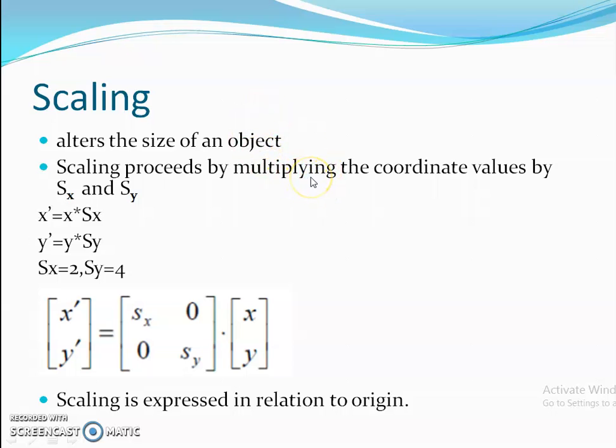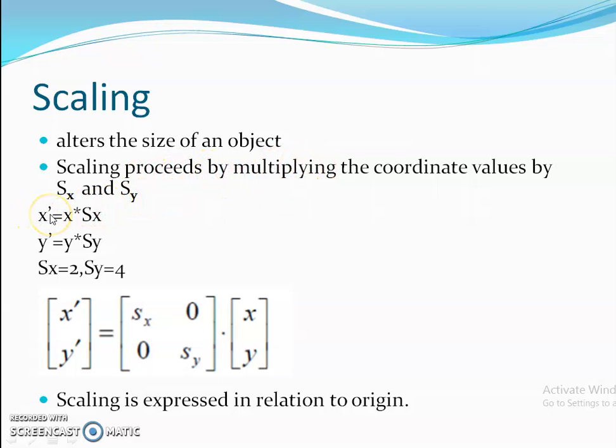In translation we use addition; here we use multiplication. We multiply the coordinate values by sx and sy, whereas in translation we use tx and ty, the translation distance. As I already told you, it's a multiplication.